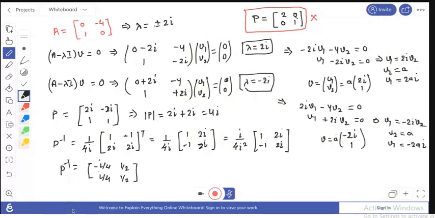Similarly here, if we multiply 1 and 1, this means minus of that and plus of that, so this term is cancelled out. So you can write this as minus i by 4 times cos 2x plus i sin 2x. Okay, and here plus i by 4 times cos 2x minus i sin 2x. Similarly, if we multiply this, this becomes half cos 2x plus i sin 2x and plus half cos 2x minus i sin 2x.